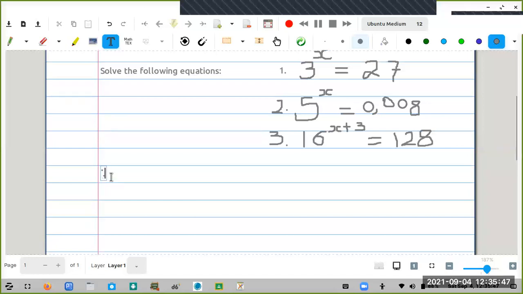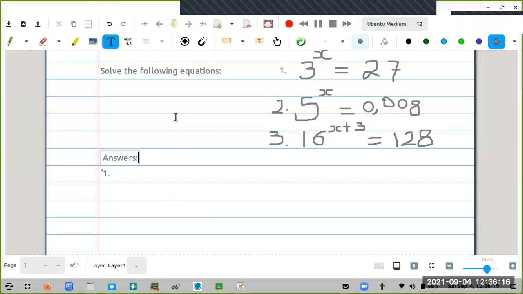Let me just type question one here. When solving this problem, remember the three steps that I talked about. I'm going to make use of those steps.